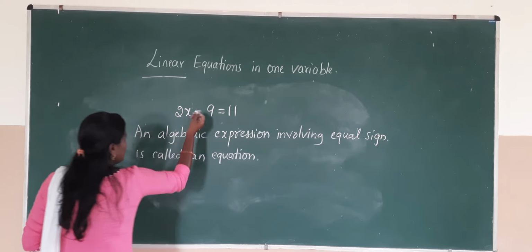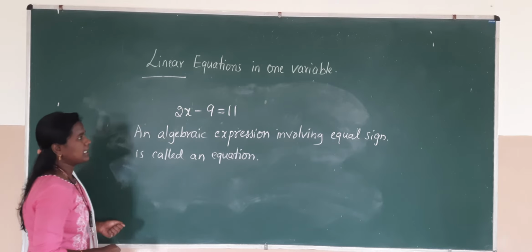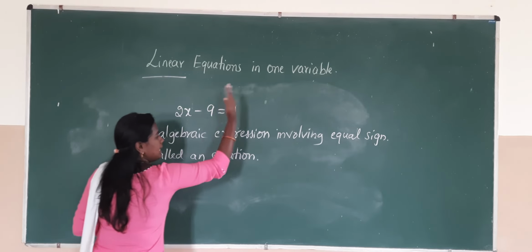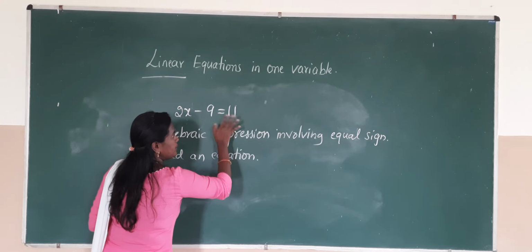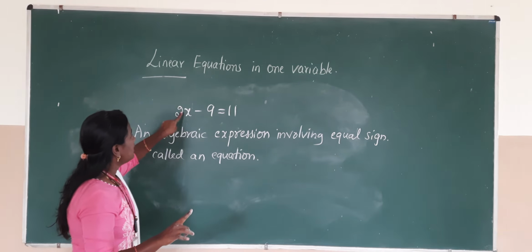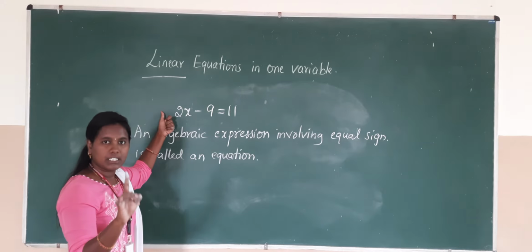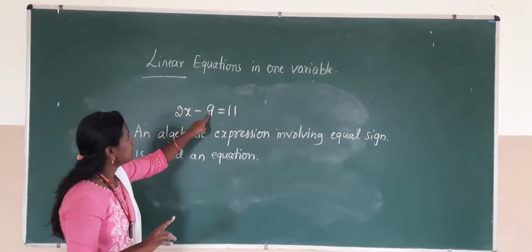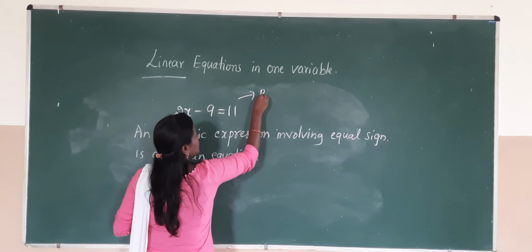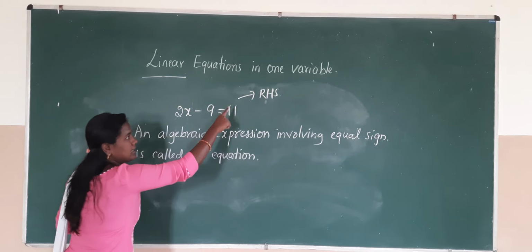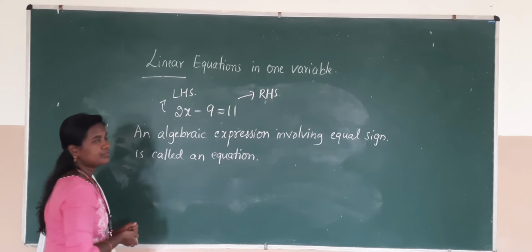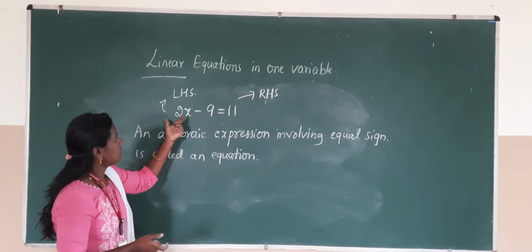Okay. Now, we'll take this 2x minus 9 is equal to 11. Here if you observe, on the right side of the equality sign, 11 is there, and on the left side of the equal sign, 2x minus 9 is there. So this is called the RHS, that is right hand side, and this is called the LHS, left hand side.